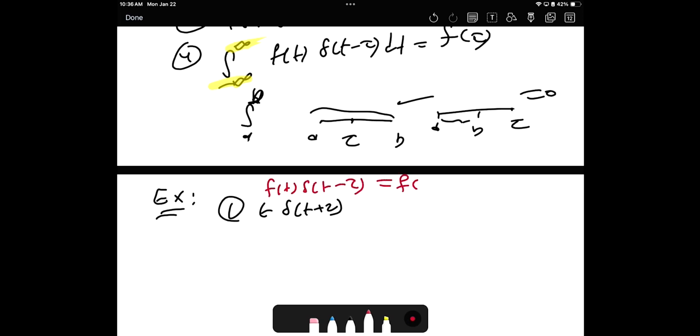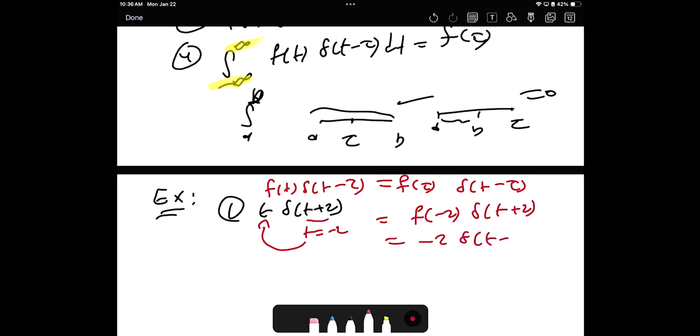This is equal to f of tau delta t minus tau. So here, tau equals negative 2, so we will substitute it here. We will end up having f of negative 2 delta t plus 2, and here f of t is equal to t, so it will be negative 2 delta t plus 2.